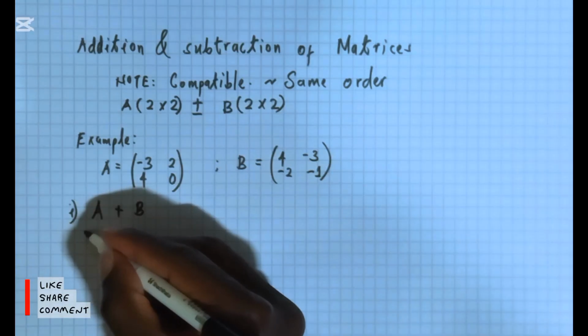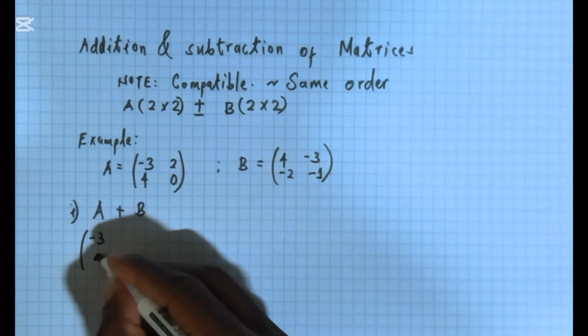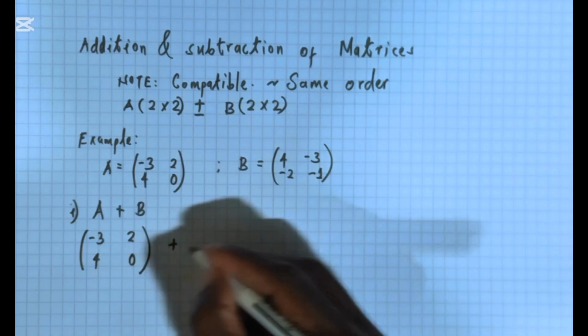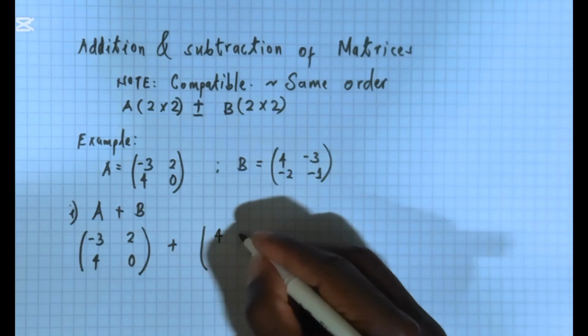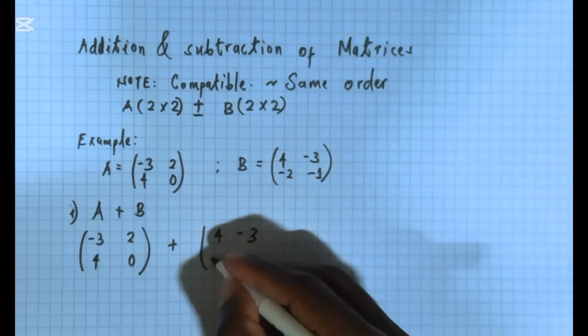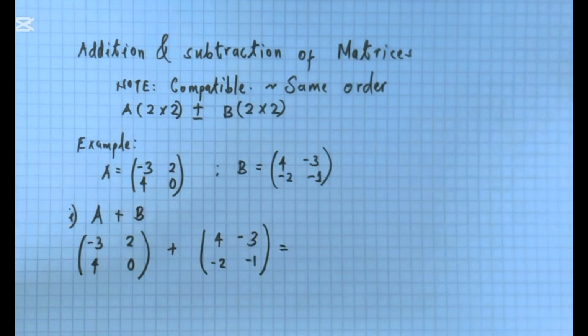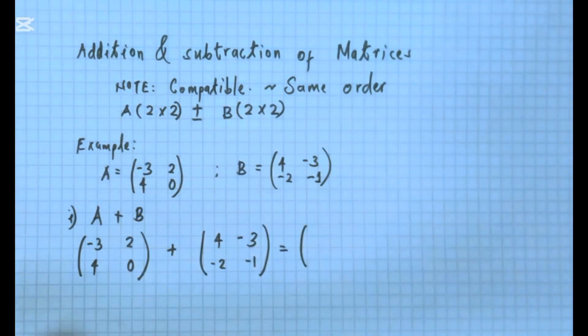So for A, which has negative 3, 2, 4, 0, if we add it to B, which has 4, negative 3, negative 2, and negative 1, we will add elements in corresponding positions.